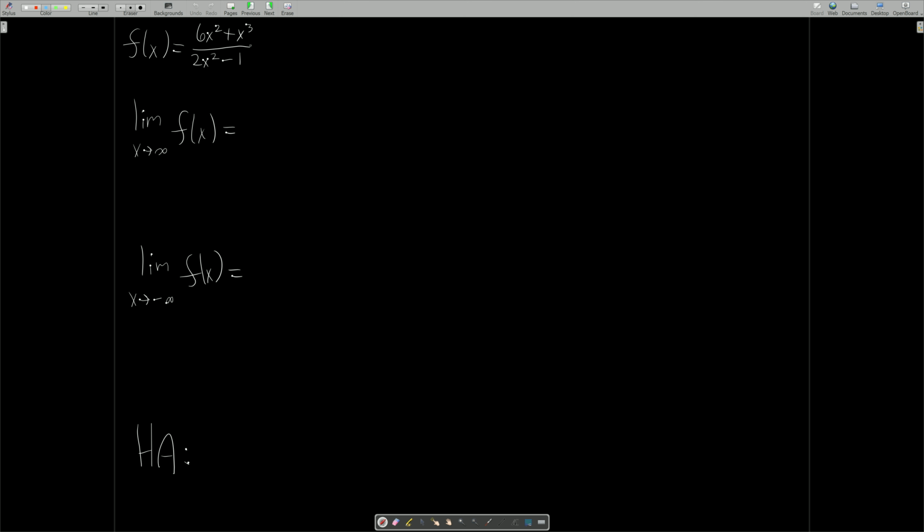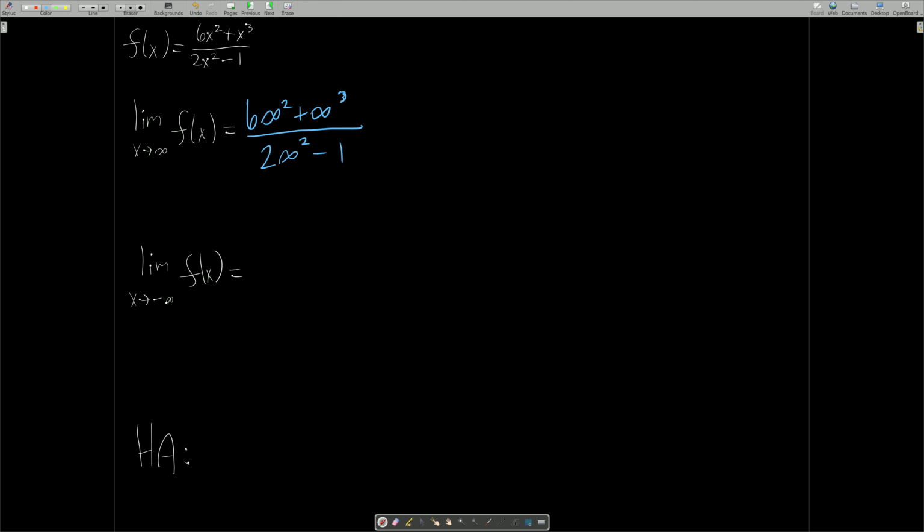Here's another one. 6x squared plus x cubed over 2x squared minus 1. Only the biggest coefficients matter. So again, this 6 infinity squared is nothing when compared to this infinity cubed.